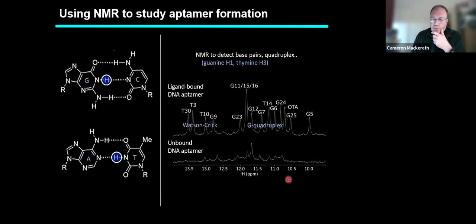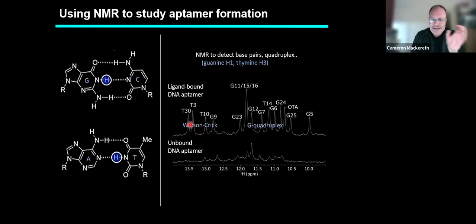And this particular region of the hydrogen, or proton, NMR spectrum is the exact region where we see these exchangeable H1 of guanine and H3 of thymine. So when we see these, we know that they are in some sort of structure.